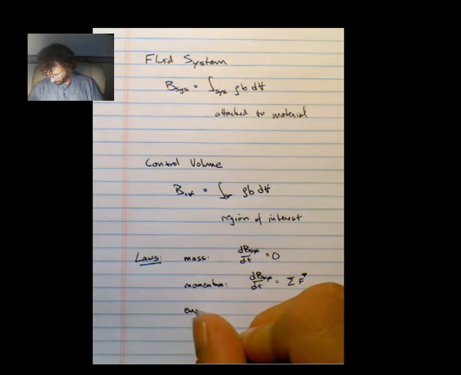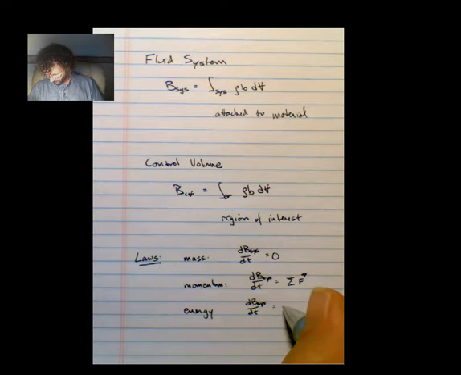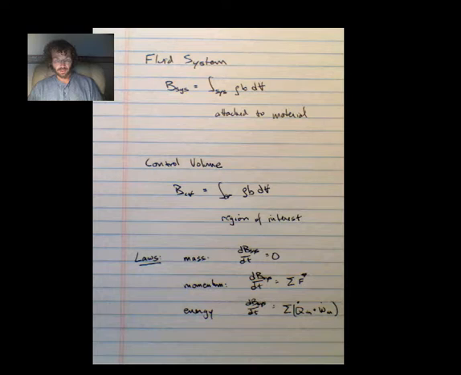Energy, dB system dt is equal to the sum of the Q dot in plus the W dot in, the heat and work flow into the system. So those are our laws we could apply.